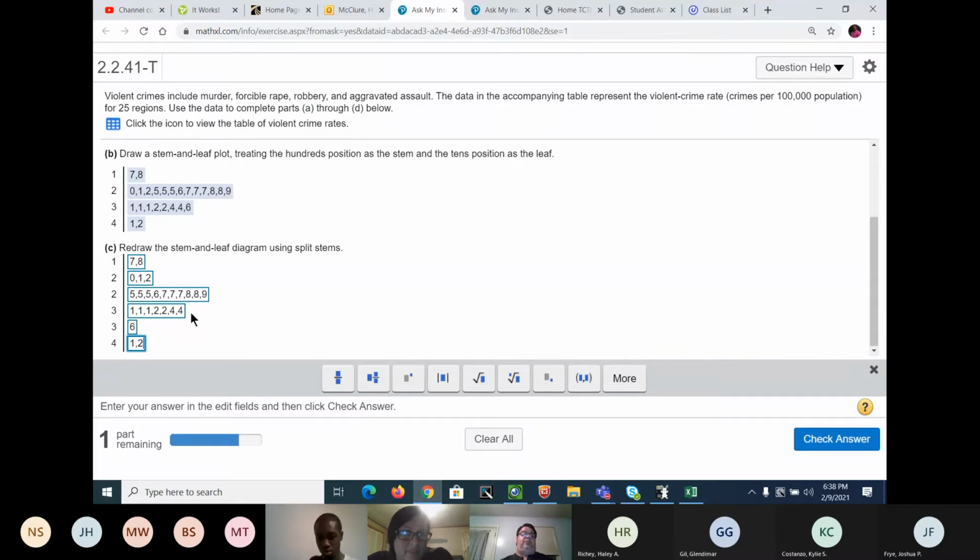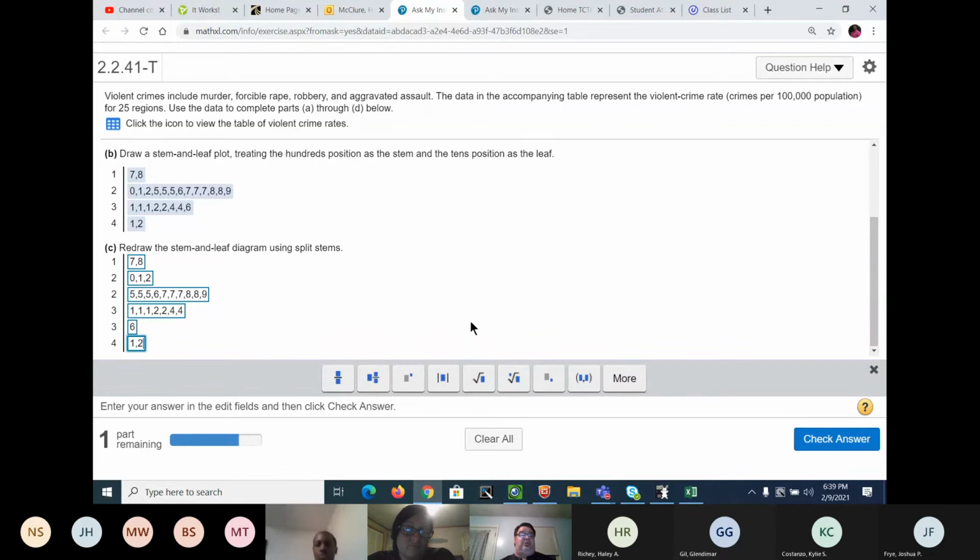On the first 3, I put 4 and below. On the second 3, I put 5 and above. The reason you don't do that with the 1 and the 4 is because you only have 2 numbers. If you only got 1 or 2 numbers, you don't have to do that. So that's why you didn't split the 100 and 400.